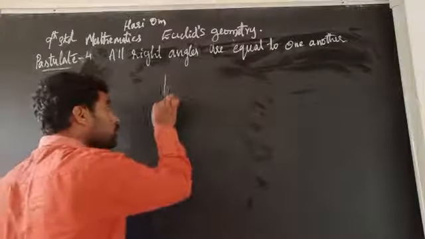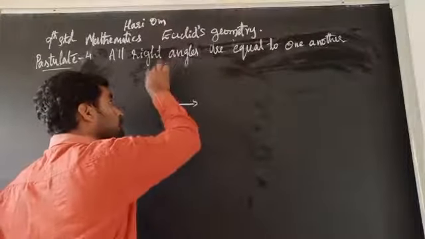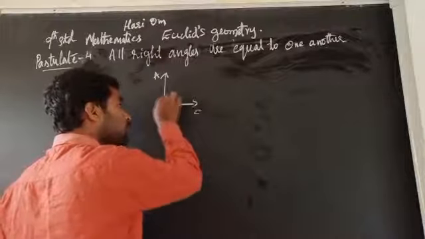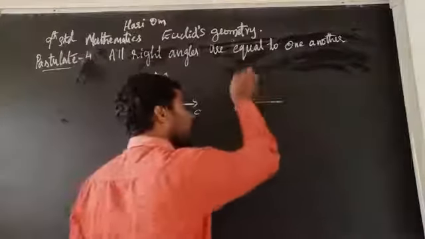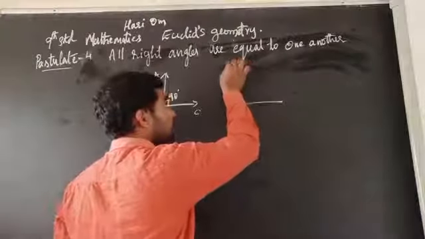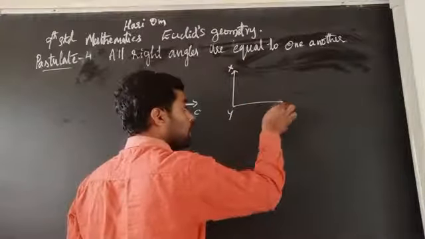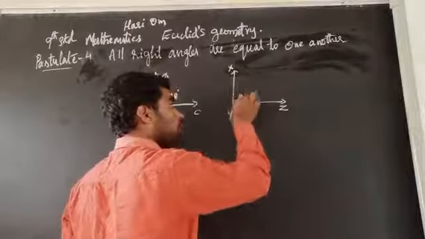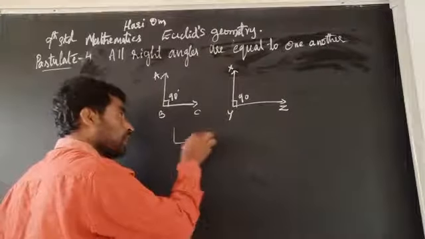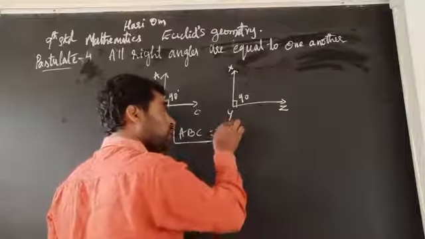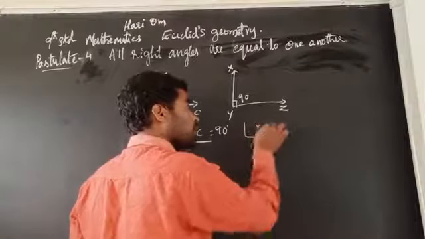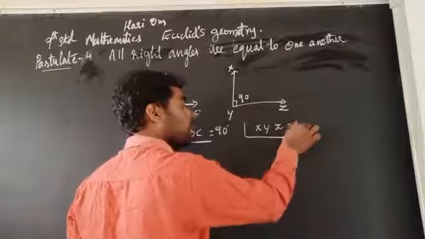Here I am going to draw a right angle ABC, in which angle B is equal to 90 degrees, and another right angle XYZ, in which angle Y is equal to 90 degrees. Here we can write angle ABC is equal to 90 degrees and angle XYZ is equal to 90 degrees.